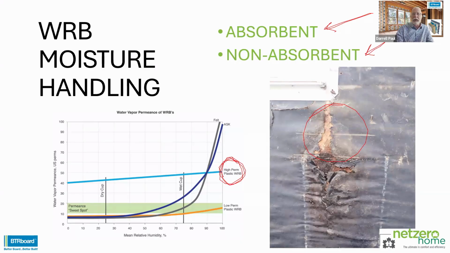The problem is we get the reverse action. We get a solar vapor drive. So it forces water and actually steam and pressure through the material and into the wall where it gets trapped. So you'll notice down here that we actually want something in the medium to low perm rate to resist that moisture coming back in.